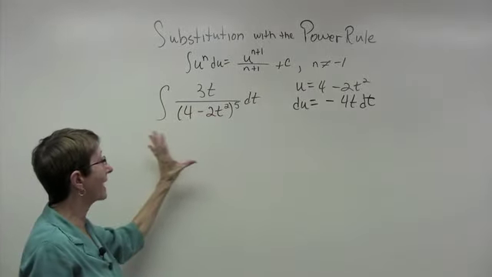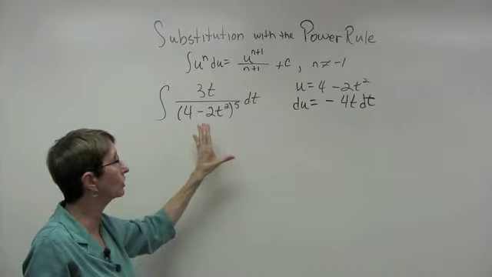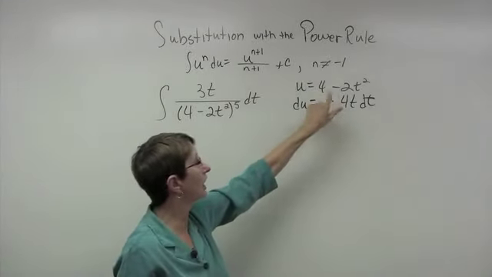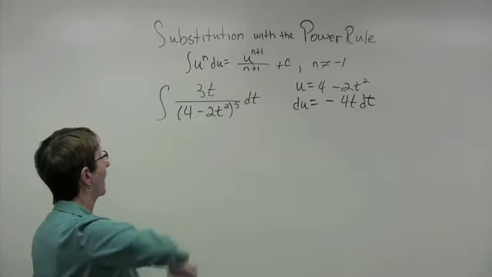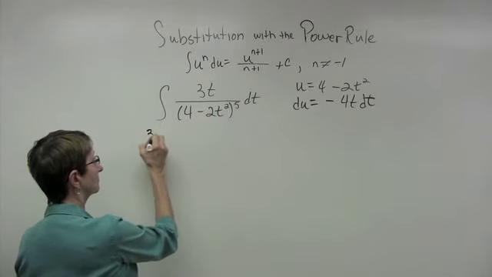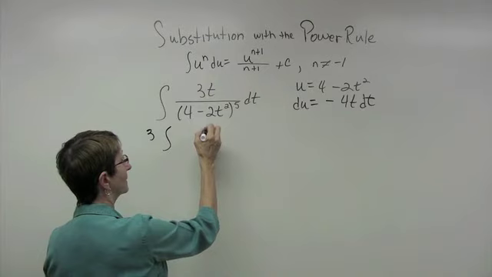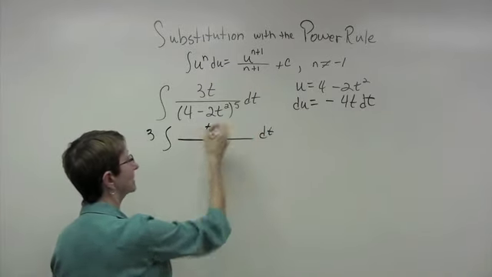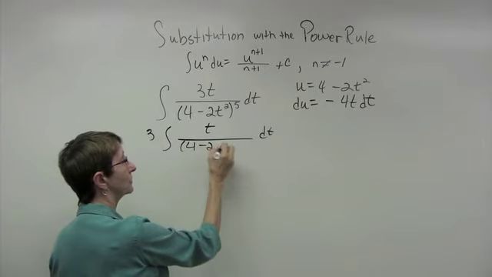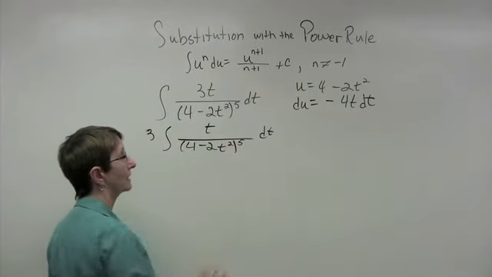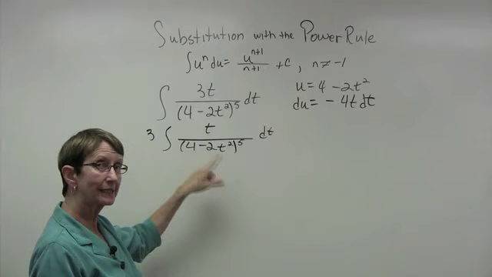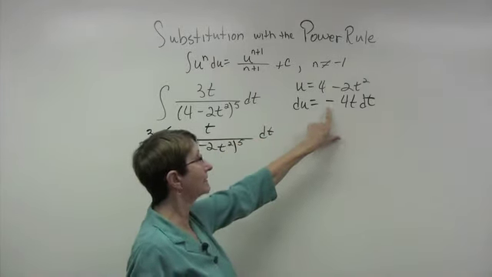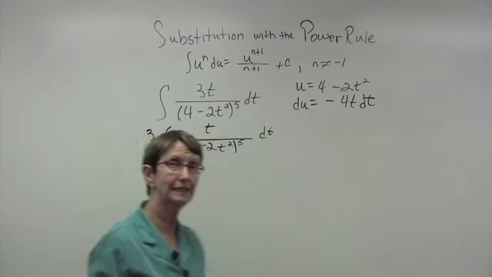Third step is to go back now and try to arrange the integral to fit what we've got over here. I don't see a 3 over here anywhere, so I'm going to move the 3 in front, which leaves me with the t, and I have the dt, and I have the denominator (4 minus 2t squared) to the 5th. Now, it doesn't match exactly because this is a t dt, but over here I have negative 4t dt.